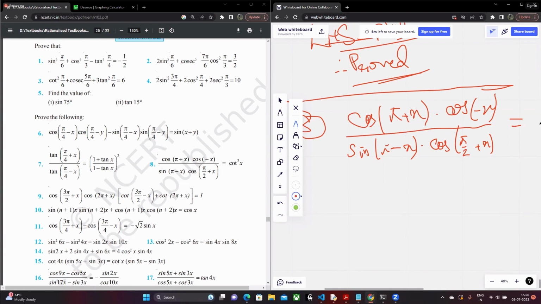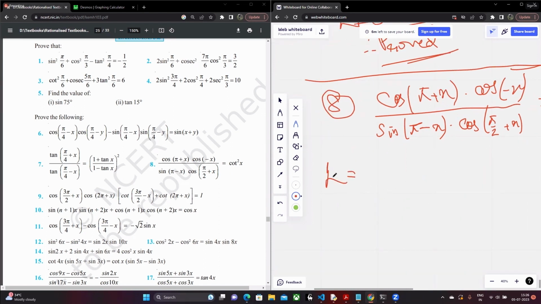Sin pi minus x, on the other hand, is in the second quadrant, and in the second quadrant sine is positive. So this is just going to be sin x. While this is cos of pi by 2 plus x. Since cos is negative in the second quadrant, this will be minus sin x.